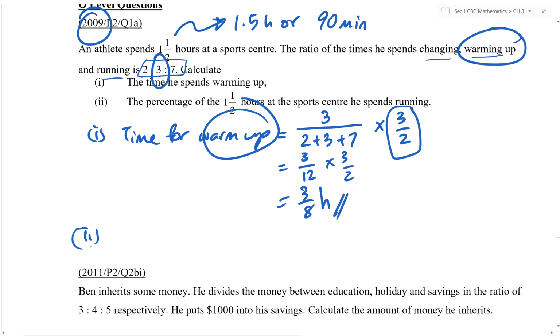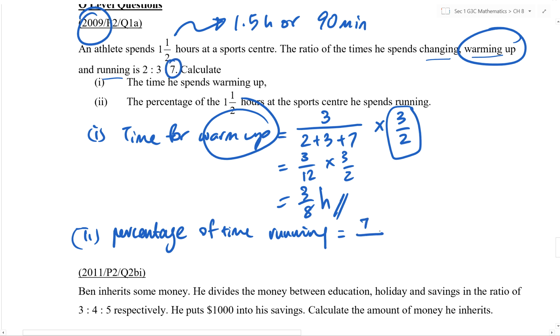Now in part 2, calculate the percentage of the 1.5 hours at the sports center he spends running. So the percentage of time spent running is actually 7 units out of a total of, again, the same denominator, 2 plus 3 plus 7.